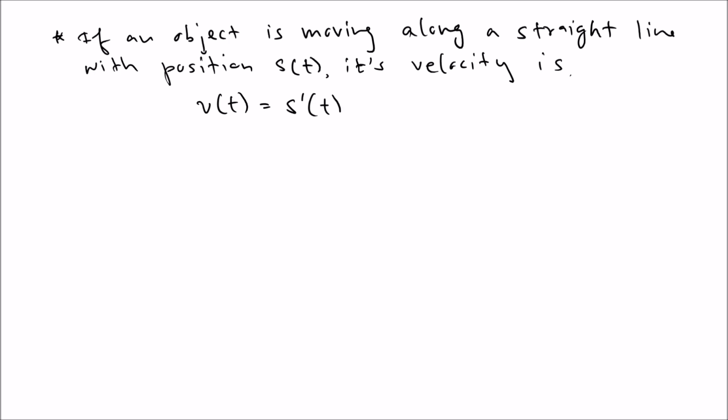So we know that if we have the position, then we can find the velocity by taking the derivative.